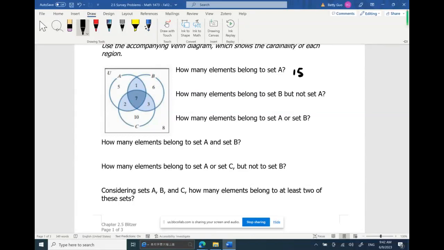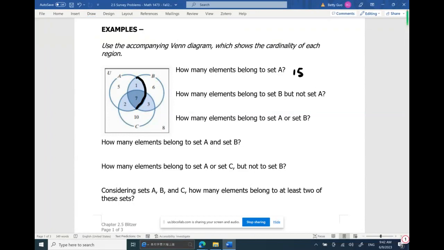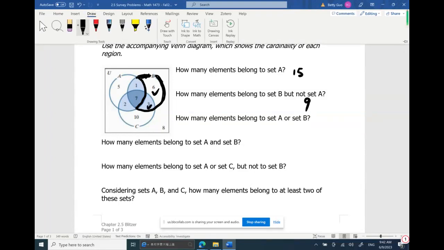In the Venn diagram, this region represents set B. The set of elements that belong to B but not A. Belong to B, so fall inside the circle B. Not A, so not in circle A. So this region represents the set of elements belonging to B but not A. How many elements in that region? We have 6 here, we have 3 here, 9 in total, right? Does that make sense?